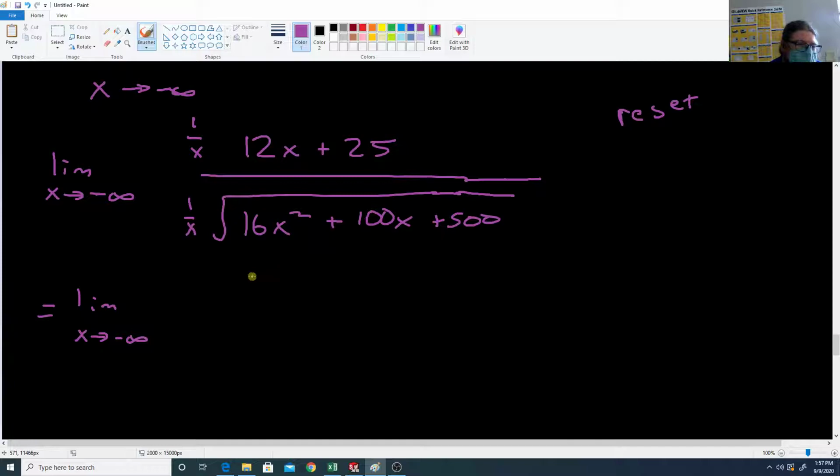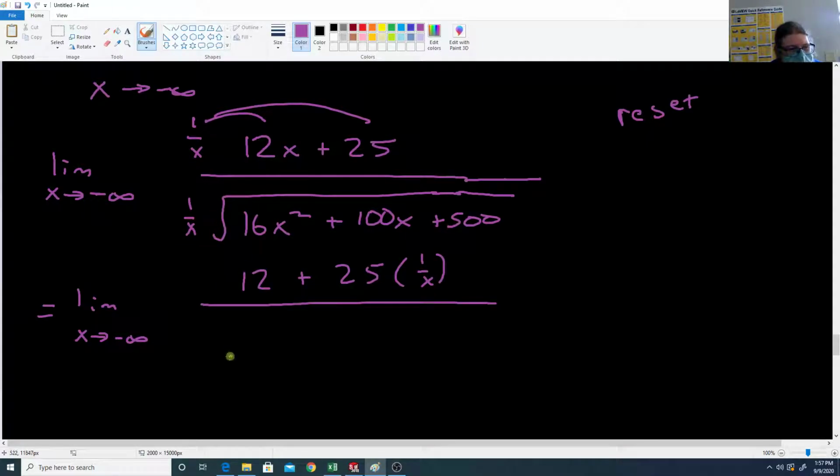What's going on here is I need to bring in the 1 over x. In the top it's going to work out all nicely. The x's will cancel, we'll be left with the 12, and we'll have plus 25 times 1 over x. What I need to be a little careful with is downstairs when I go to bring in that square root.